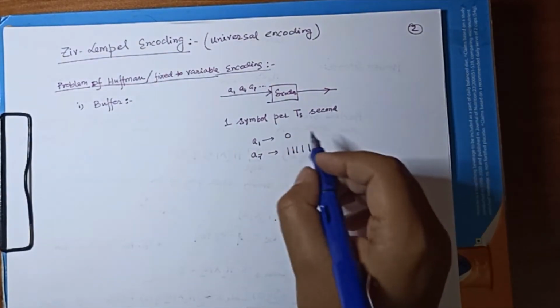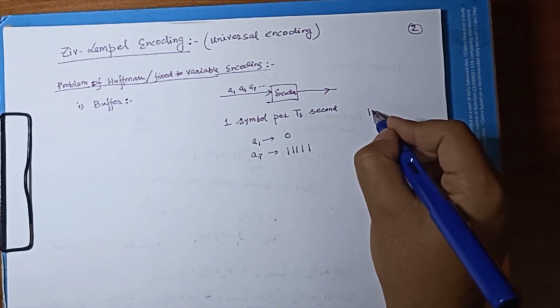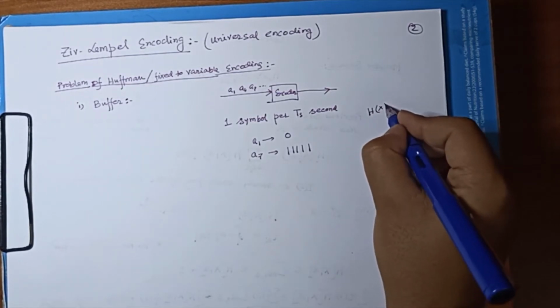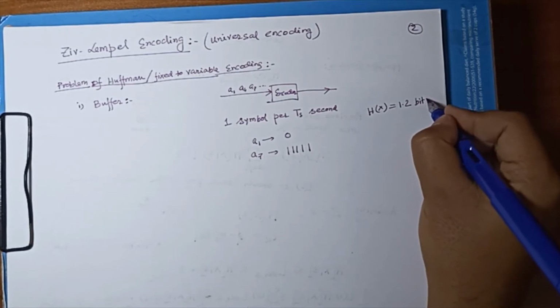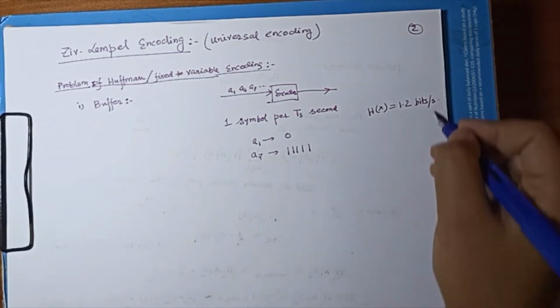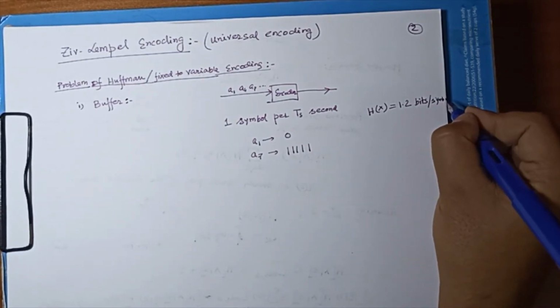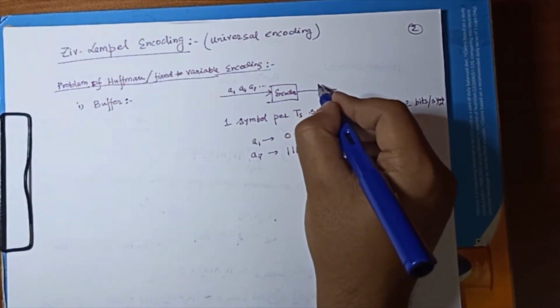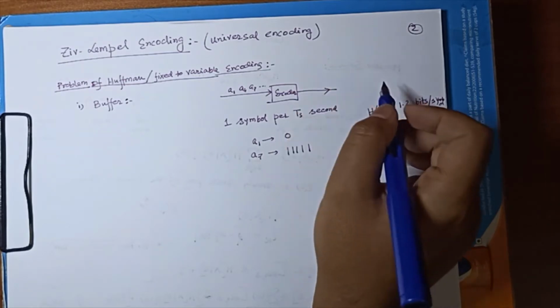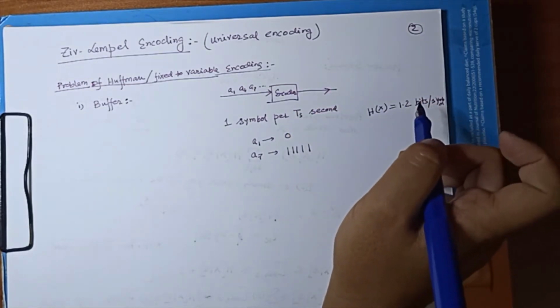So suppose you have some entropy rate, H(X) equal to say 1.2 bits per symbol. Then that means that in the duration you are providing here, you are expecting to push 1.2 bits.